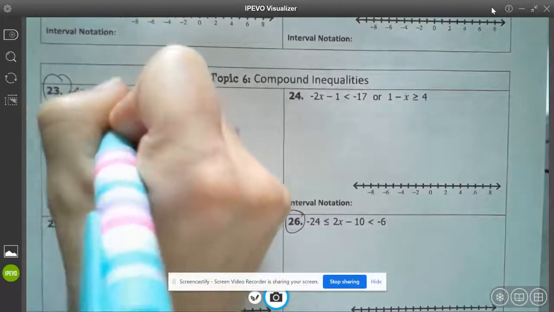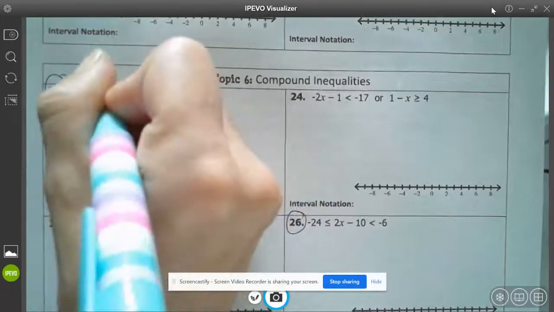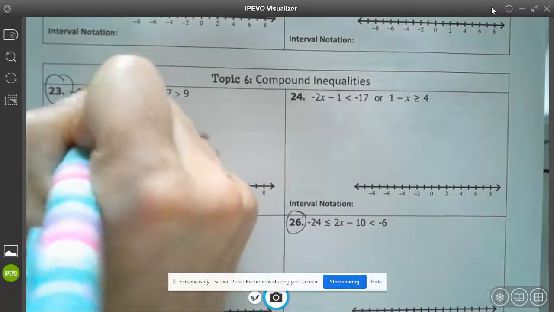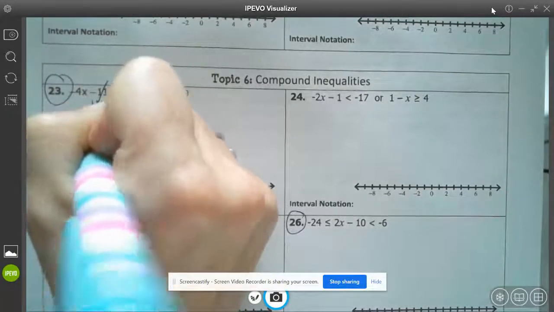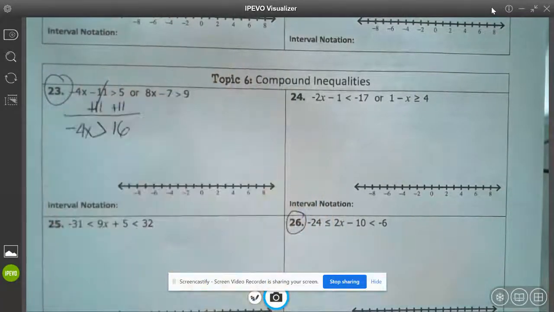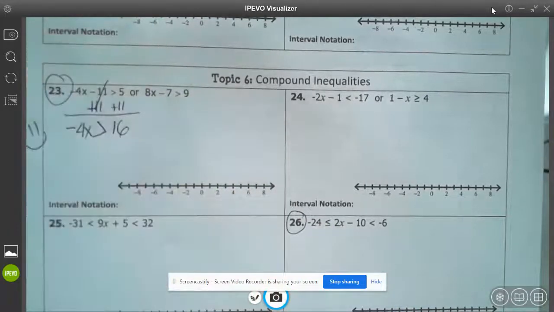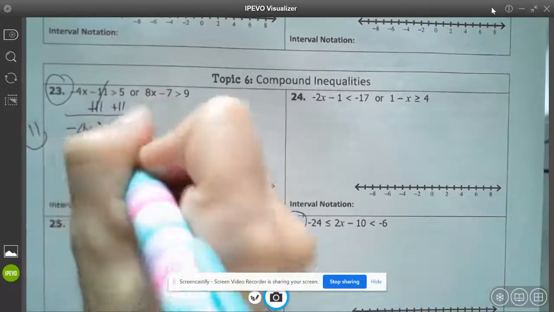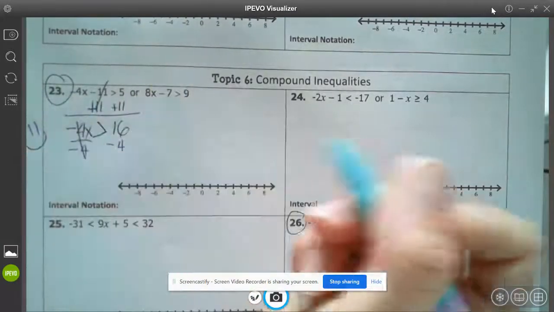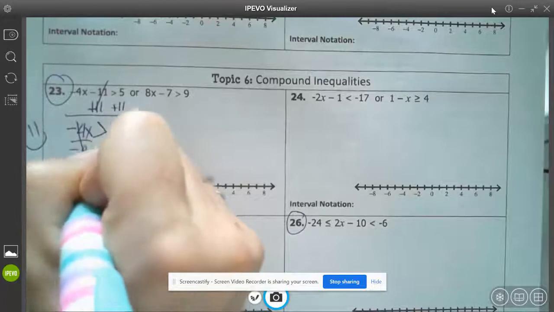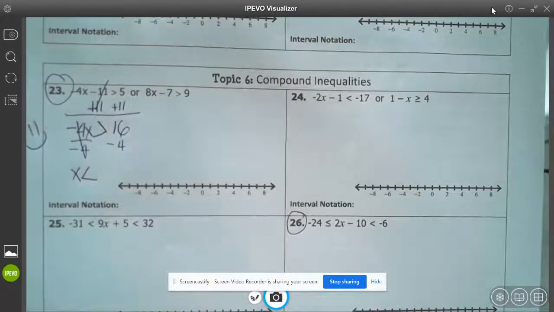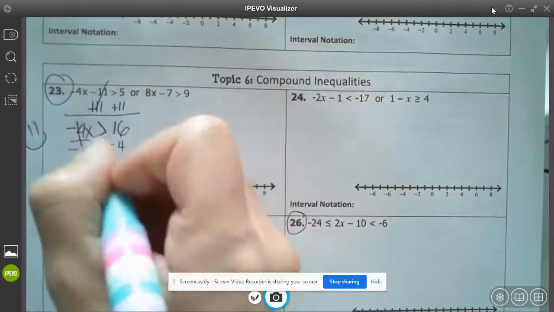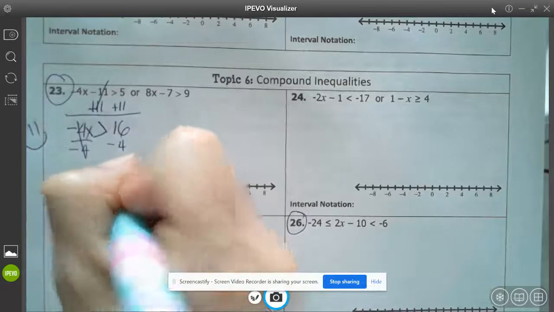Plus 11, that goes away, and I have negative 4x is greater than 16. And then we divide by a negative, so we have to flip this sign. Divide by negative, so that goes away, and then I have x is less than, because we flipped the sign, 16 divided by negative 4, that is negative 4.